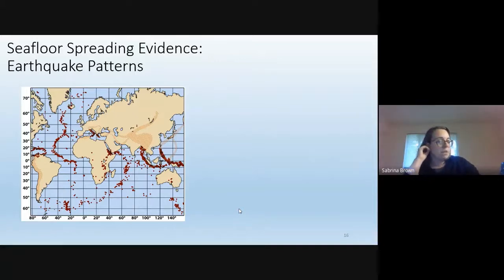But that's not how we actually see earthquakes occurring. We see earthquakes occurring mostly in these weird linear patterns on maps, and they line up with that mid-ocean ridge that we mapped on the ocean floor, and they line up with places where we have deep trenches. And so earthquakes have a pattern that appears to be associated with some of that ocean floor topography.